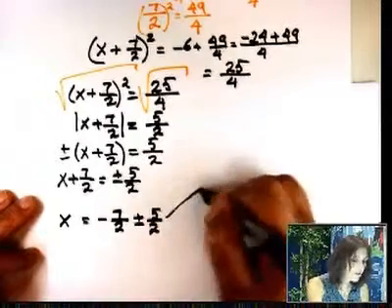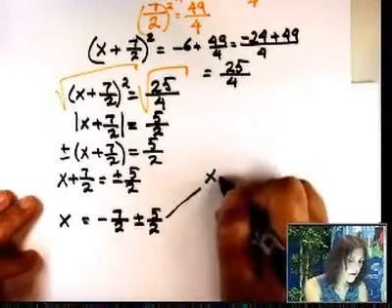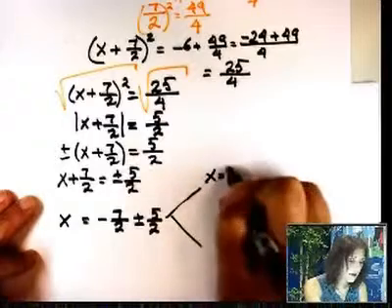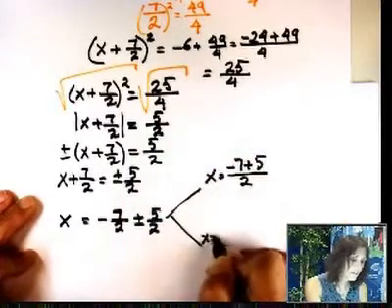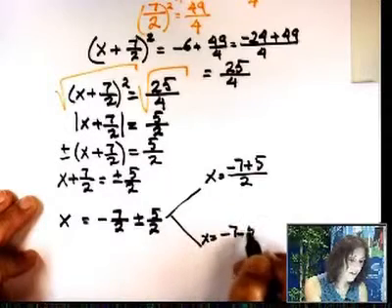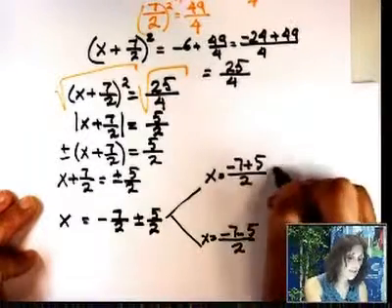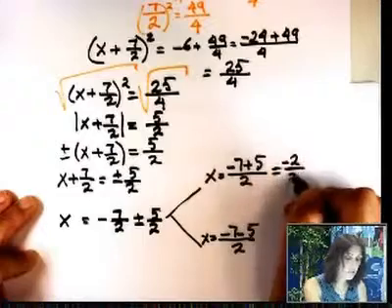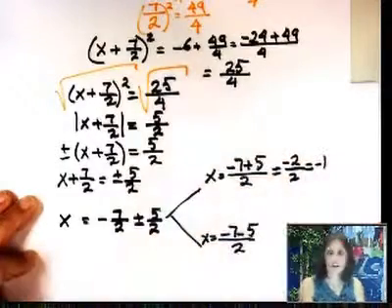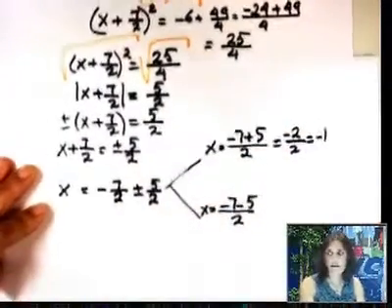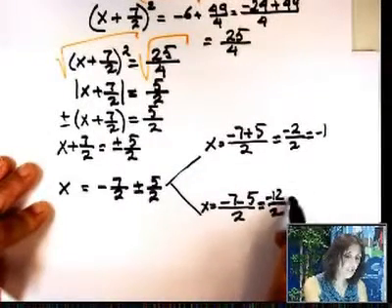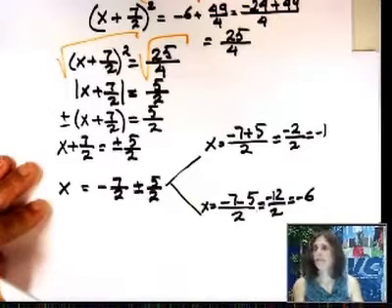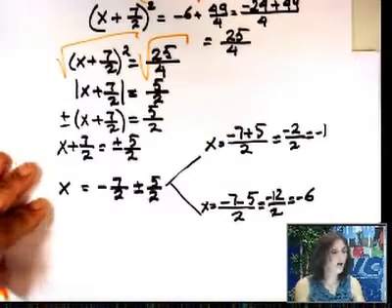You have two parts. -7 plus 5 over 2, and -7 minus 5 over 2. This one will give me -2 over 2, which is -1. This one is going to give me -12 over 2, which is -6. Very good.